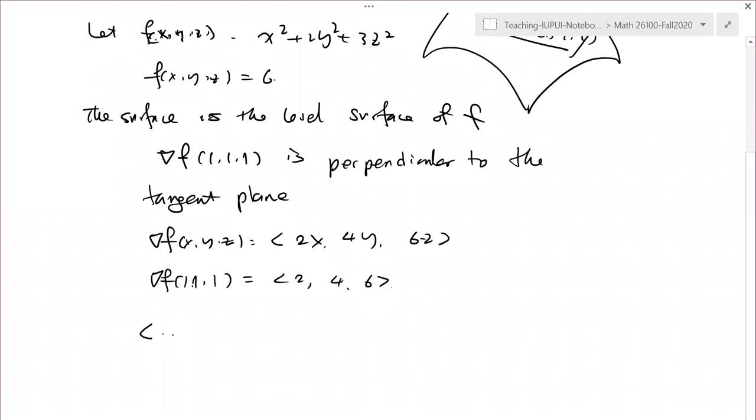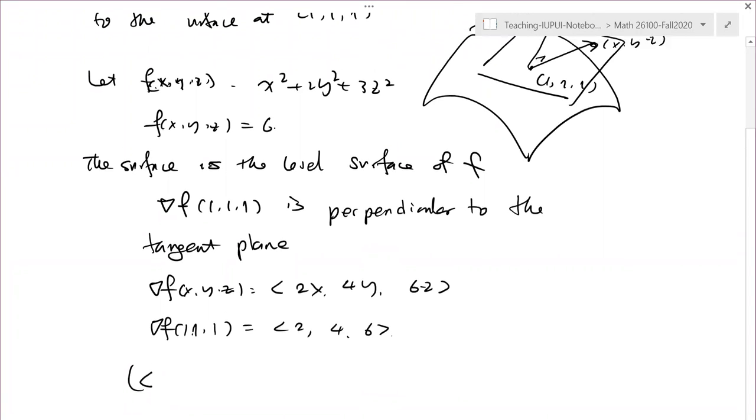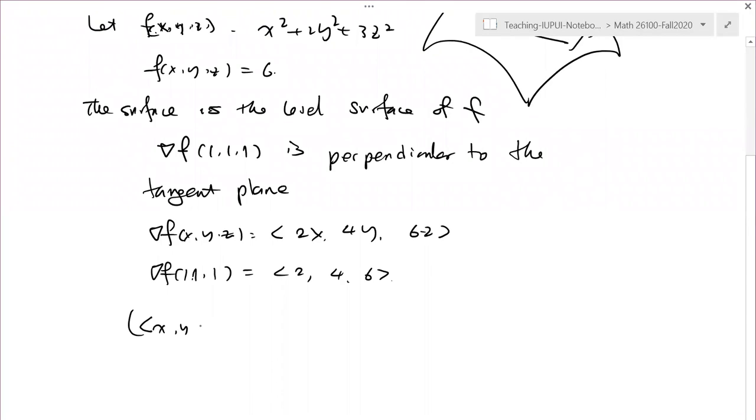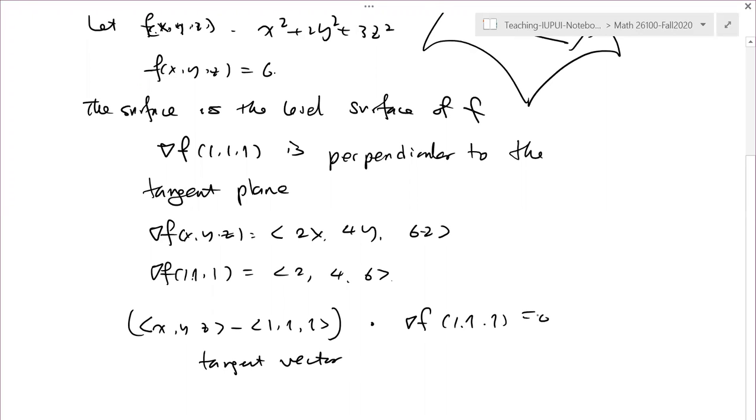So the difference is (x, y, z) minus (1, 1, 1). This gives you a tangent vector, okay? And then the dot product of this should be equal to 0, right?